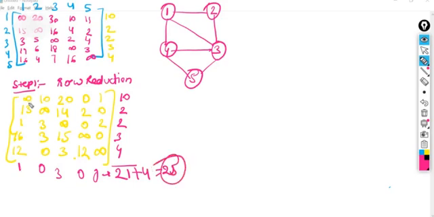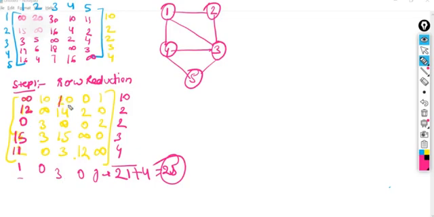So we have to reduce the column values from the columns itself. This is a 1, so we have to reduce the 1 from the first column. So I'm writing here 12, then it's 0, then it's 15, it's 11. Infinity will remain as it is.